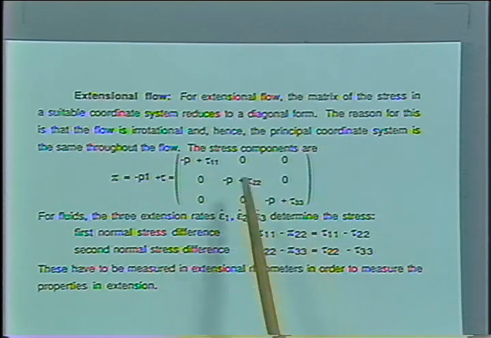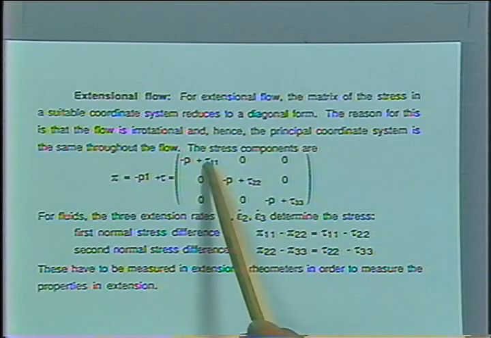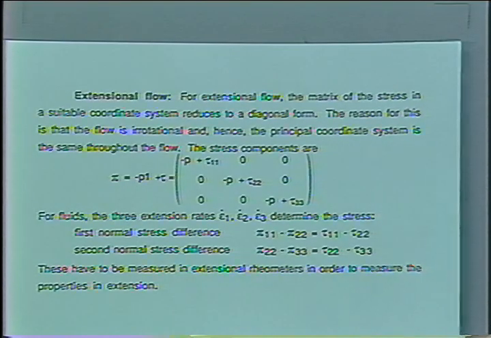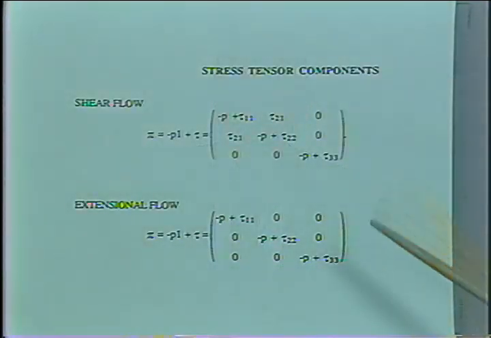And again, we only would be able to describe the first normal stress difference or the second normal stress difference in our calculations in rheology when formulating constitutive equations. So those are the special cases. Altogether here, this is the summary of the two.